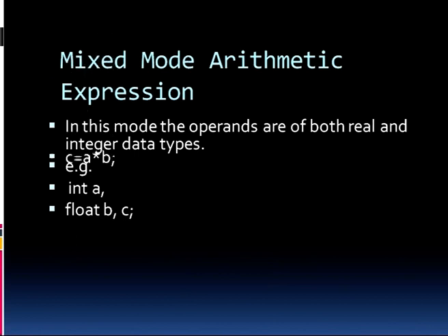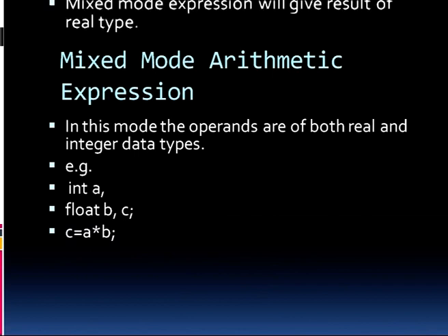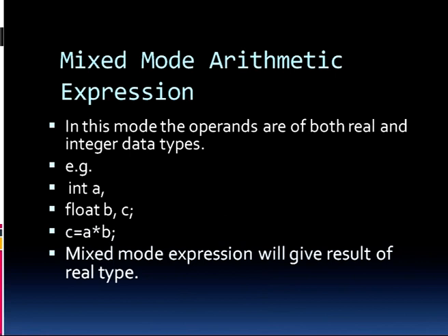Then we use the expression c equals a multiplied by b. In this expression, the operand a is of integer data type while operand b is of real or float data type. So this expression will be considered a mixed mode arithmetic expression. A mixed mode arithmetic expression will produce a result of real data type.